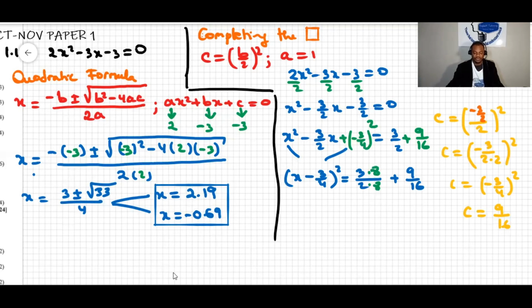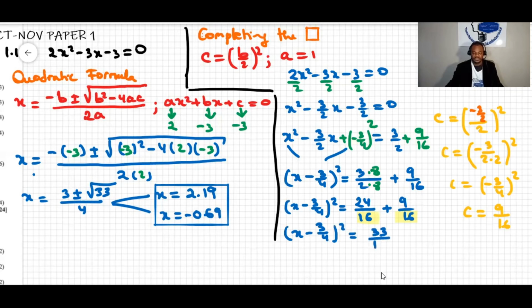So we will have (x minus 3/4) to the power of 2 equal to 24 over 16 plus 9 over 16. Now that the denominators of the right-hand side are common, we can just write (x minus 3/4) to the power of 2 equal to 24 plus 9, which is 33 over 16.